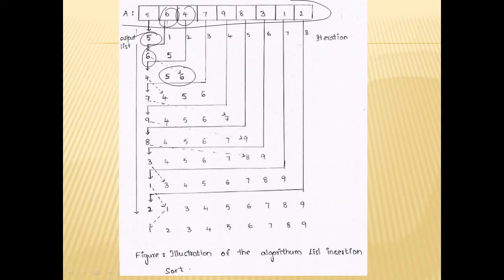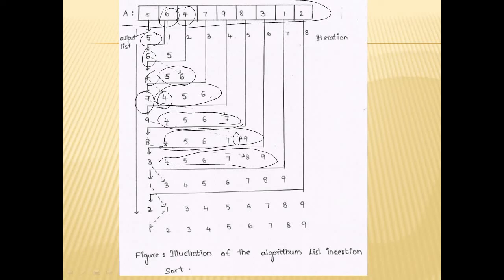The next element to insert is 7. After inserting every element, it scans where the element is supposed to be placed. 4 is placed in front of 5. 7 is placed after 6. 9 is placed after 7. 8 goes between 7 and 9. 3 goes in front of 4.